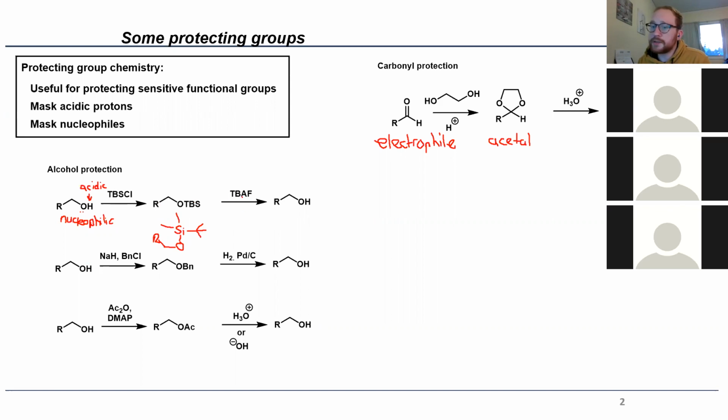TBAF is tetrabutylammonium fluoride, so it's essentially a source of F-. Fluoride nucleophiles are very good for cleaving oxygen-silicon bonds because they attack silicon. We form an intermediate like this, and then this collapses to reveal our alcohol.